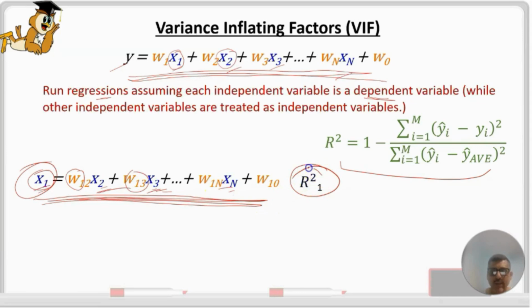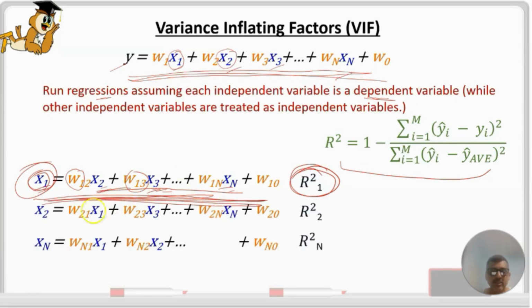So R square 1 for this regression tells you if x1 is really expressible as a linear combination of x2, x3, x4, xn and so on. Then you run a linear regression similarly for x2 in terms of the remaining independent variables, so x1, x3 all the way to xn. And you do this for all the x's, until for xn you try to write xn in terms of x1, x2 so on till xn minus 1.